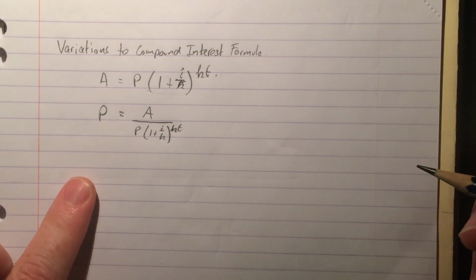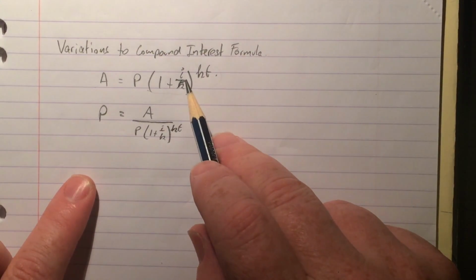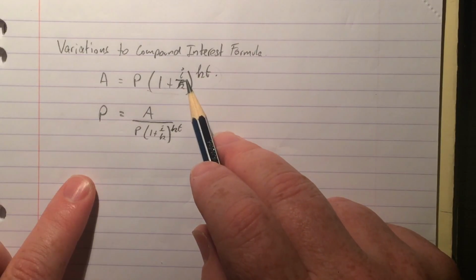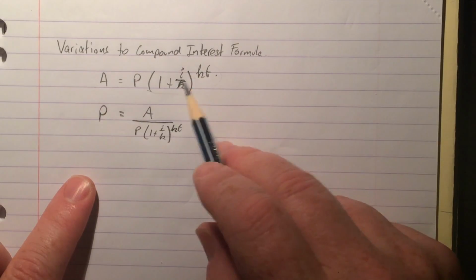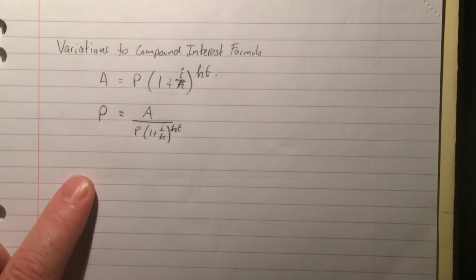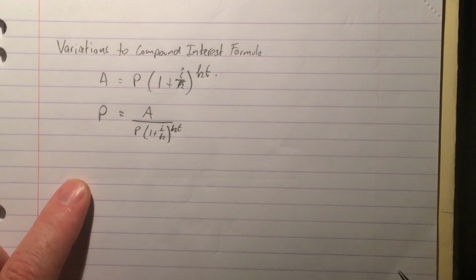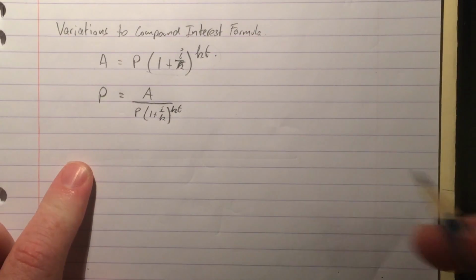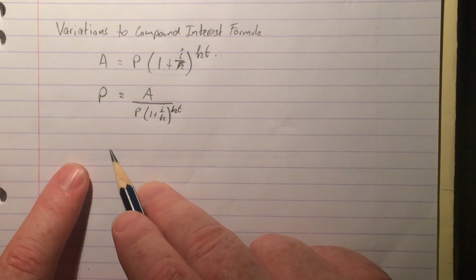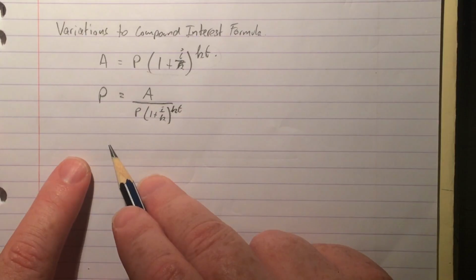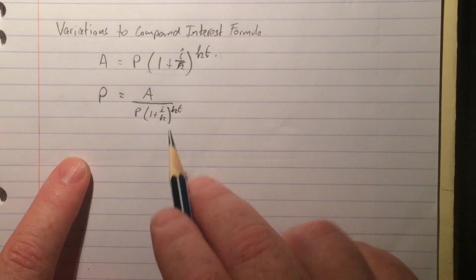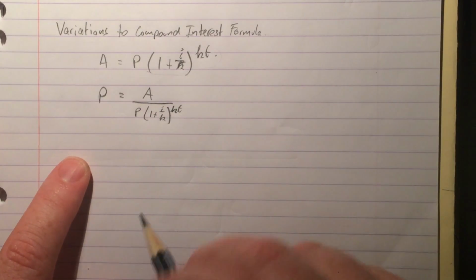The next variation that we'll look at will give us a value for the interest rate, lowercase I. This is a slightly more complicated rearrangement in that it has a couple more steps, and we're also dealing with a surd here.